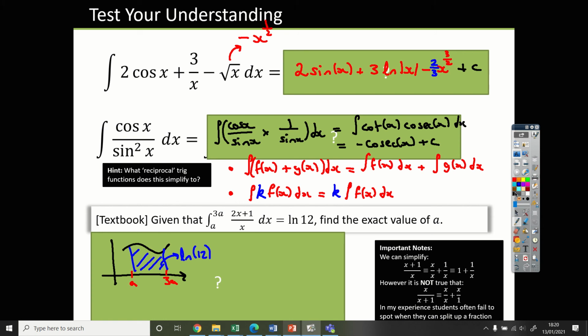So if you remember, figuring out an area is called definite integration, as opposed to indefinite integration.